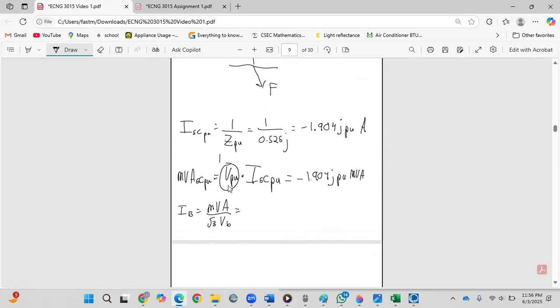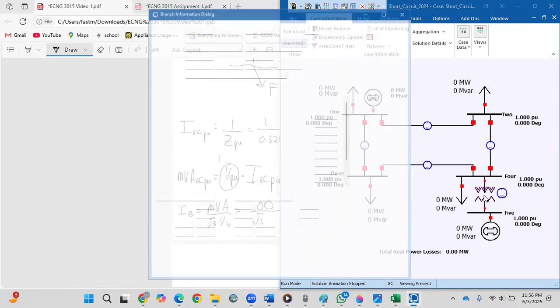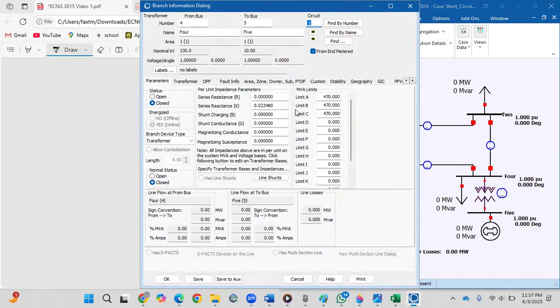The MVA for the system was 100, and then root 3. To get the voltage base, we need to see what voltage is attached to the bus. So we have to go back to the system, and since it's bus 2, the transformer is a step down transformer.